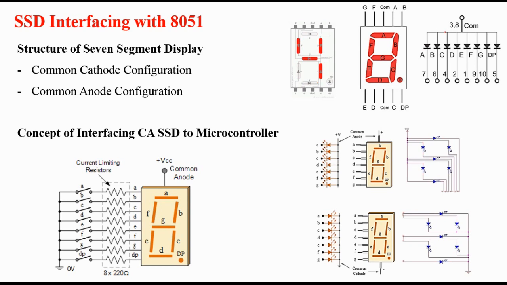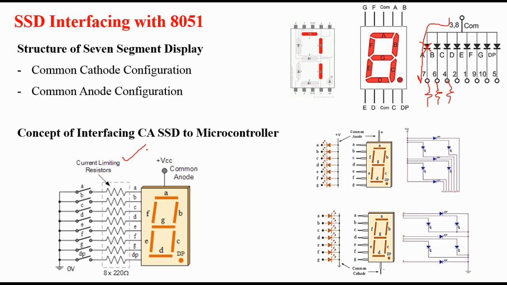If current goes more than 20 or 25 milliamp, then the LED will get burned. So to avoid that, we connect one resistor to each LED. Here A, B, C, D, E, F and decimal point, each LED will have a resistor. It is a current limiting resistor.